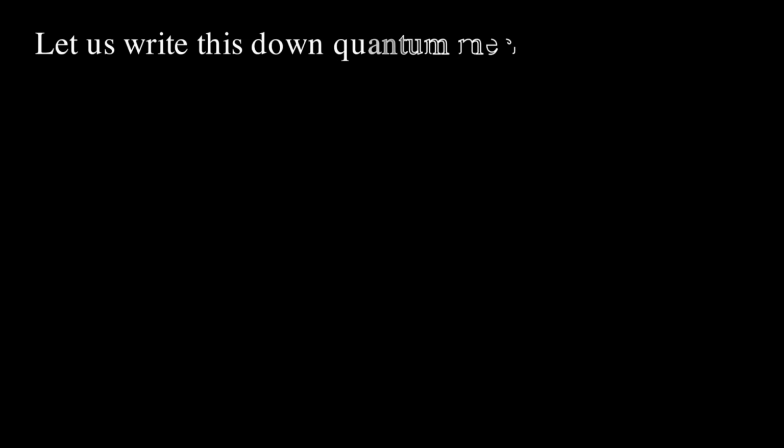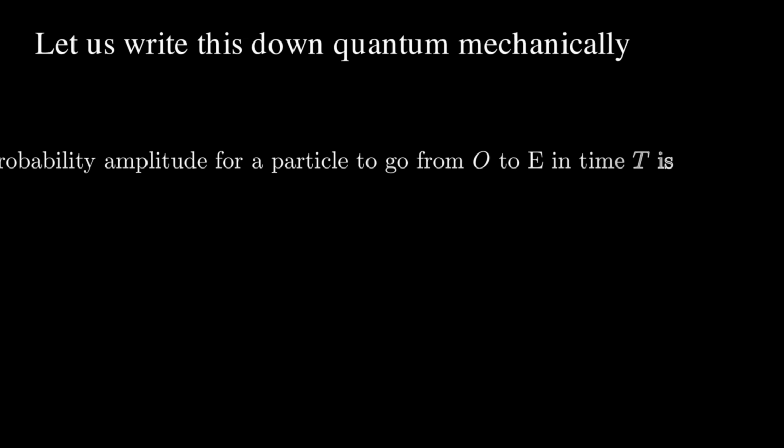So let's write this down using quantum mechanics. Let us get concrete now and write it down mathematically. In quantum mechanics, the probability amplitude for a particle to travel between 2 positions, let's call them qi and qf, which would denote here O and A, in a total time capital T, then according to quantum physics, we need to sandwich between the two position states a unitary operator that translates over space.